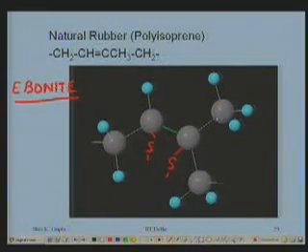It can also come in the form of a trans, where in one monomer it is on this side, and on the other monomer it is on the other side. Alternately it is coming. It is called the trans polyisoprene. In that situation, it tends to become a straight chain and becomes a rigid material. Then it is no more bent and coiled.